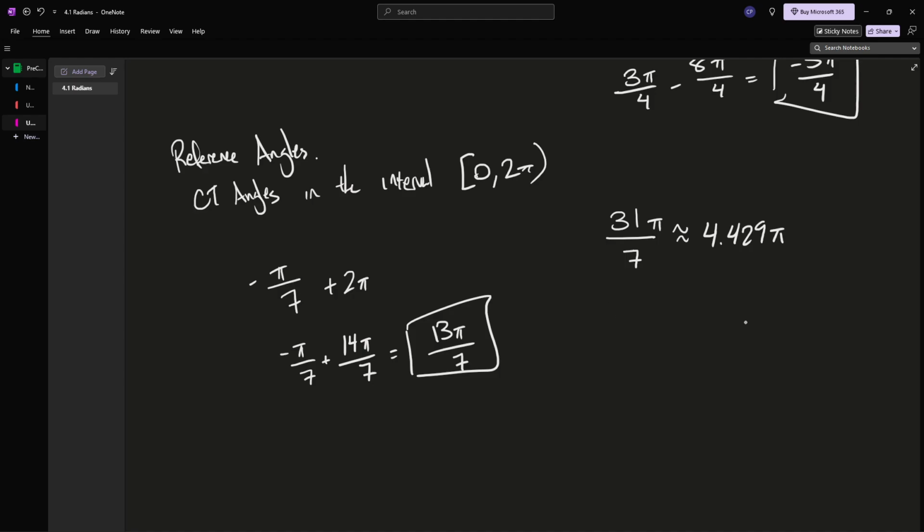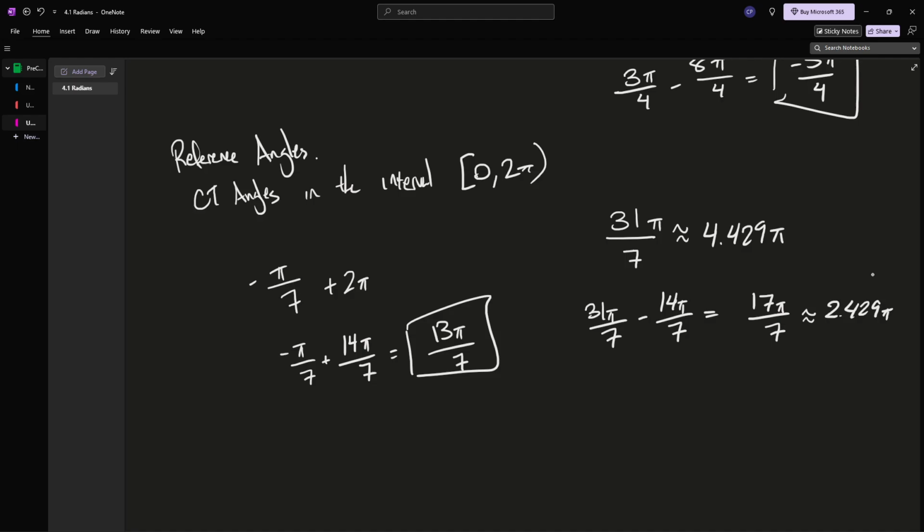So it seems clearly bigger, so I'm just going to subtract 2 pi. 31 pi over 7 minus 14 pi over 7 gives 17 pi over 7. We do a check once again. 17 divided by 7 is roughly 2.429 pi.